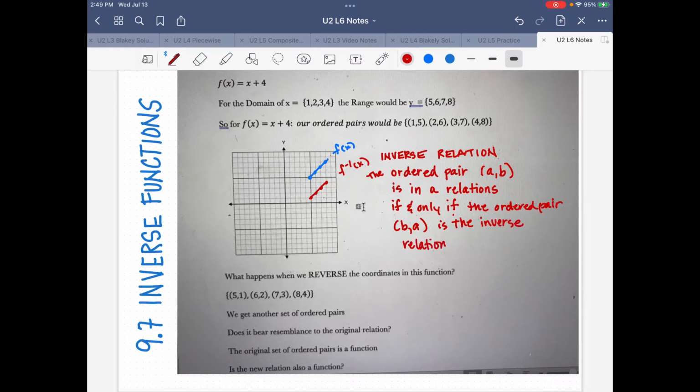So we have the ordered pair (1, 5), and then my inverse is going to be (5, 1). So basically, you are just flipping your x and your y values.